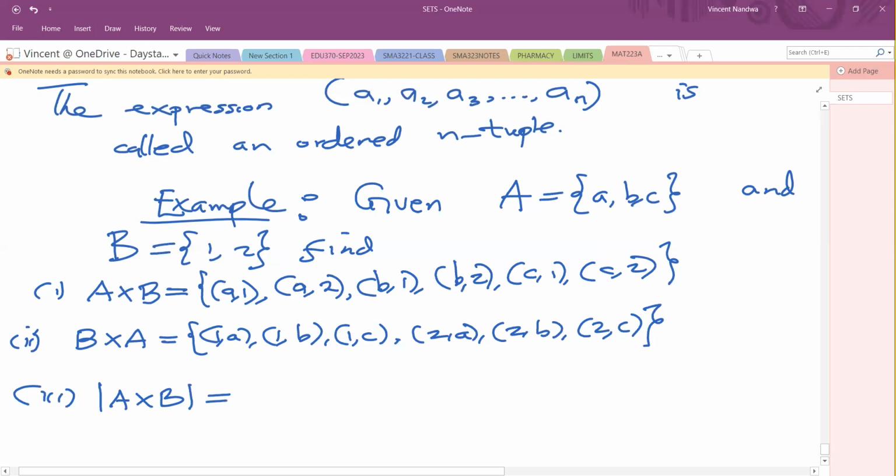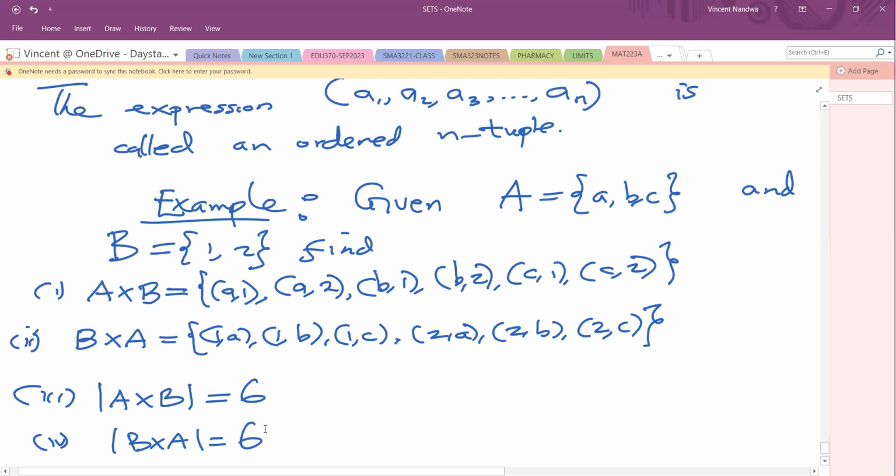Six. So 1, 2, 3, 4, 5, 6. So the cardinality of A cross B is 6. And then the cardinality of B cross A, still 6.